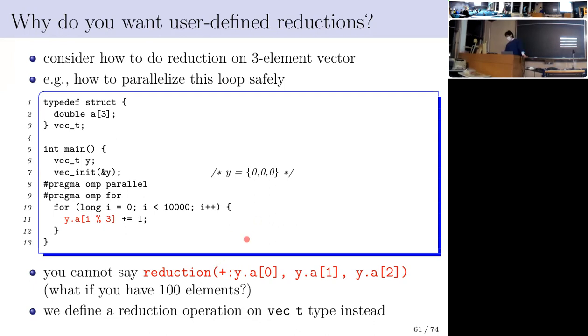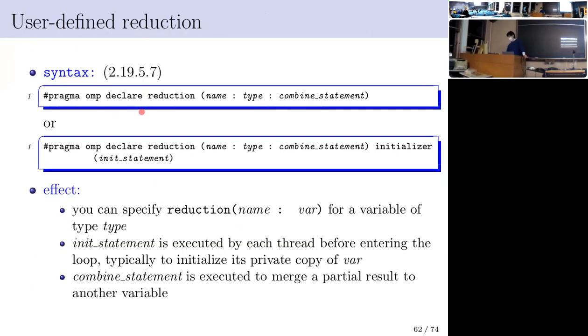You can actually define your own reduction using these pragmas. I don't want to get into this, so you can check the notebook on how to do this and also the specification. But you can name a new reduction, just like plus or min or max, and you can name your reduction arbitrarily, and you specify what type it is supposed to operate on.